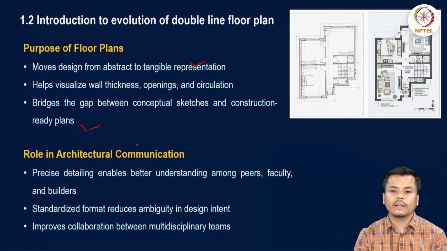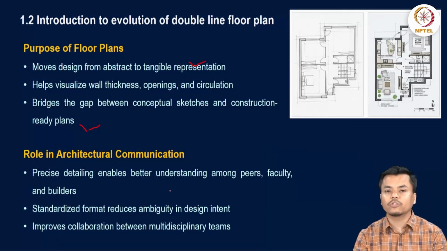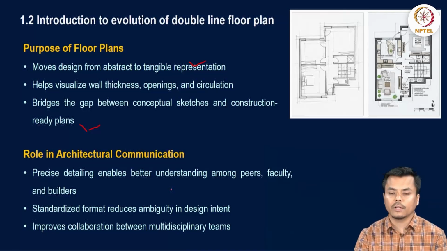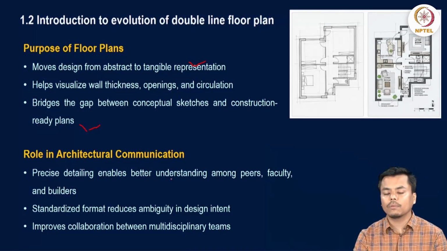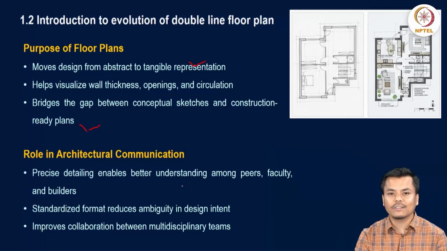The role in architectural communication of double line floor plan is that it provides a precise detailing which enables better understanding among peers, faculty and the person who will be building the project that you have just finished. This is also equally important in a real life scenario, along with the importance in thesis. Standardized format reduces ambiguity in design intent.